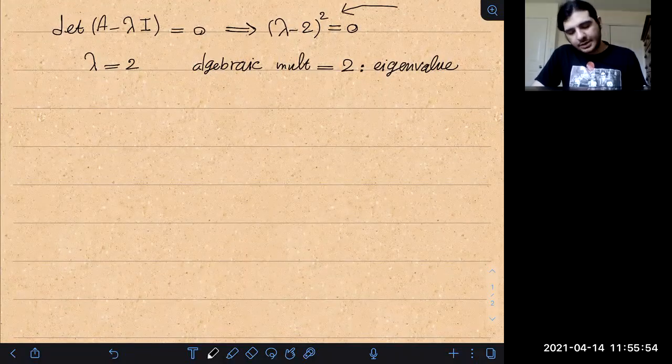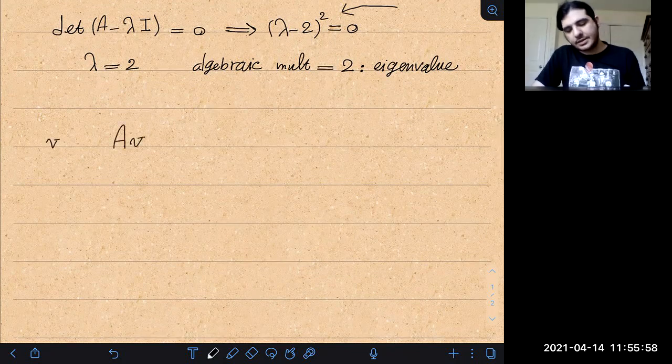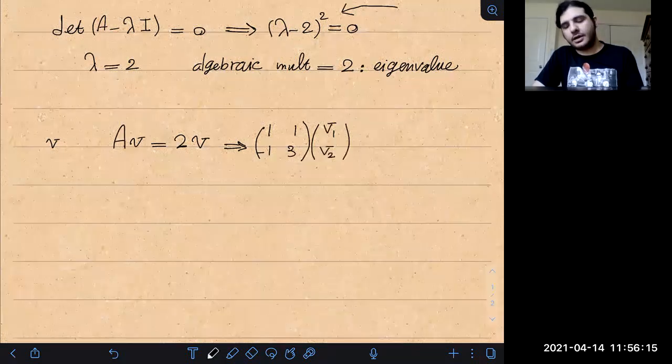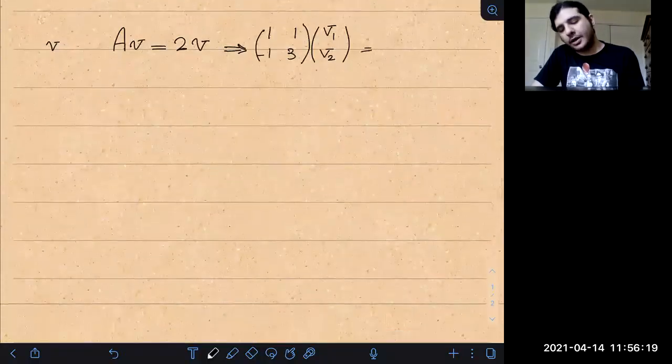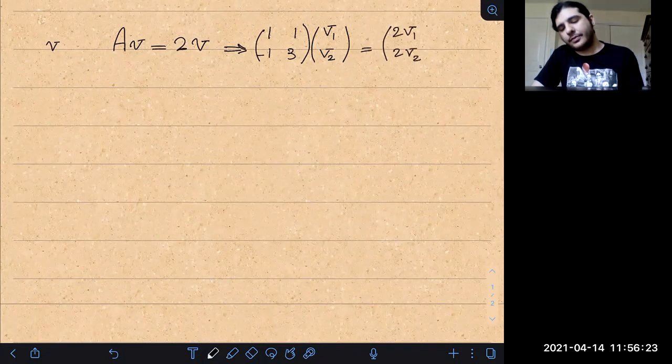An eigenvector is a vector V such that A times V is equal to lambda times V, which here is 2 times V. Therefore, it means the matrix 1, 1, minus 1, 3 times a vector V, whose coordinates I denote by V1 and V2, should be equal to 2V1 and 2V2.